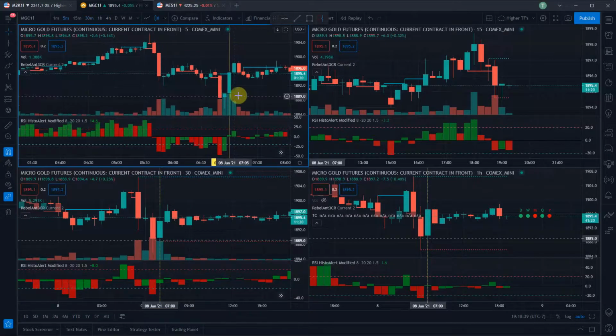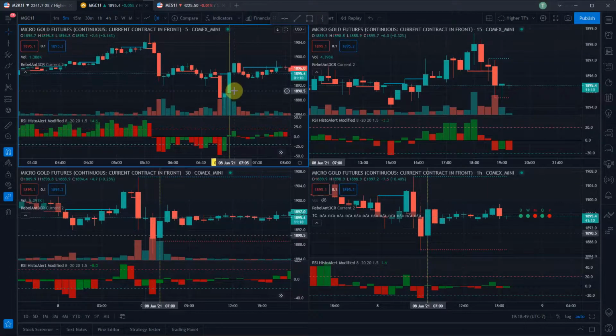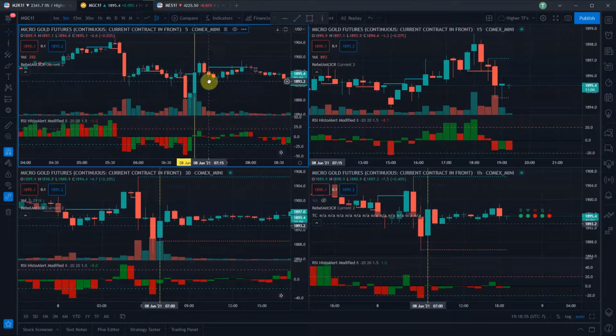So you look over on the 5 minute, free entry, and what do you have? You have your volume bomb entry right here on the 5, and this is an easy grab. You can see the change. It's not too far into the move, it's just starting, so you could grab it somewhere here as it's flipping, grab this move, and that's your trade.